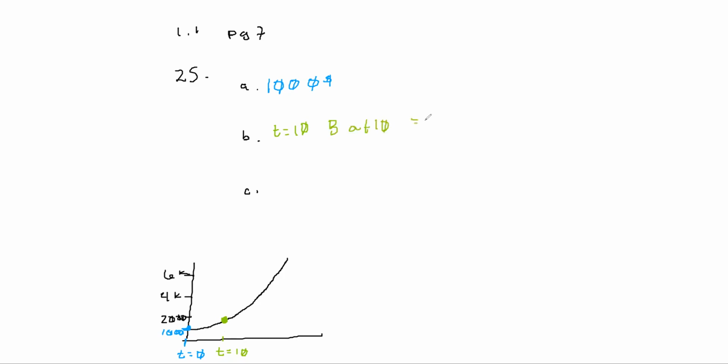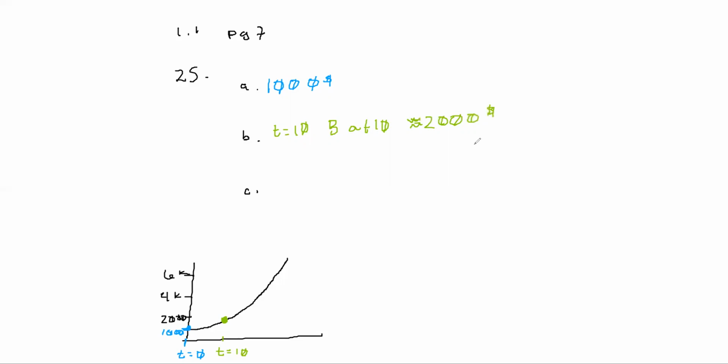And so that is going to be equal to $2,000, approximately. Right? Yeah, it's a little higher than 2,000, but so t is equal to 10. We're finding the balance at 10 years, and that's approximately equal to $2,000.